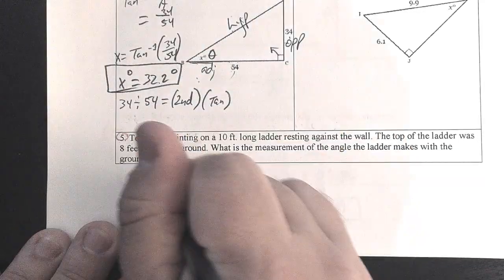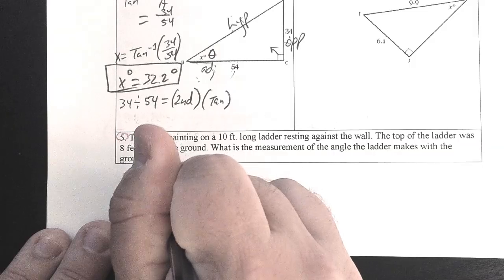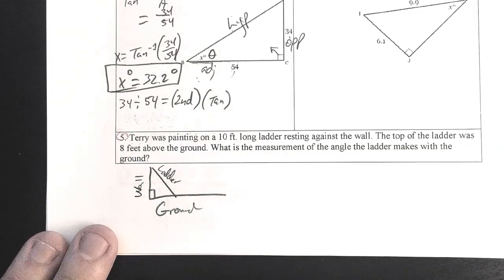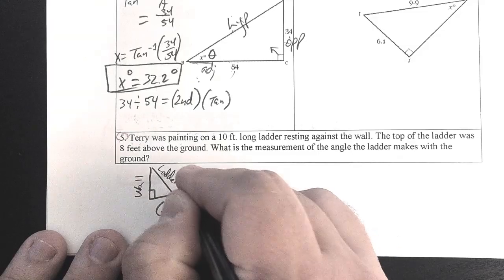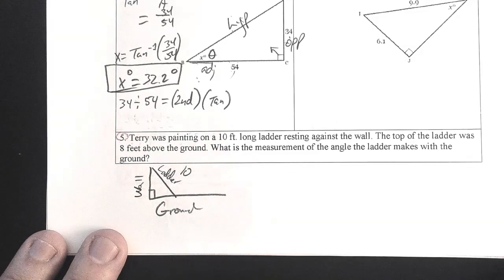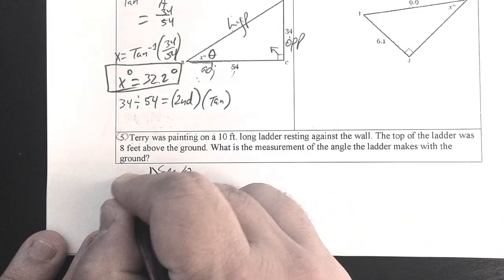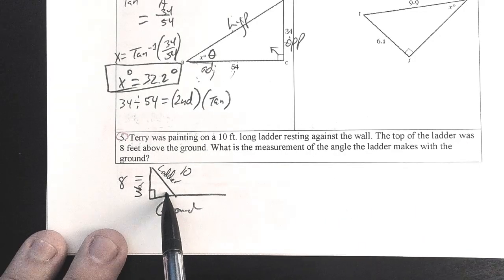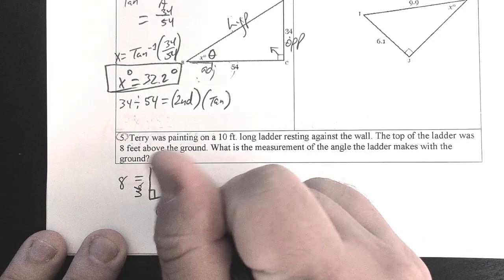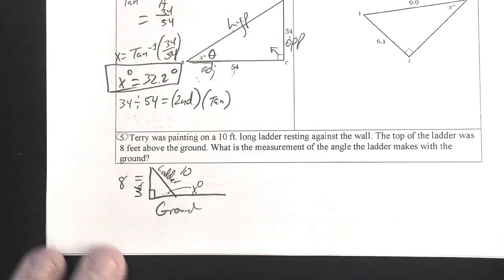Remember, the ladder is always the hypotenuse, opposite the 90-degree angle. So the ladder is 10, it's 8 feet above the ground, and they want the angle it makes with the ground. So this is x degrees.